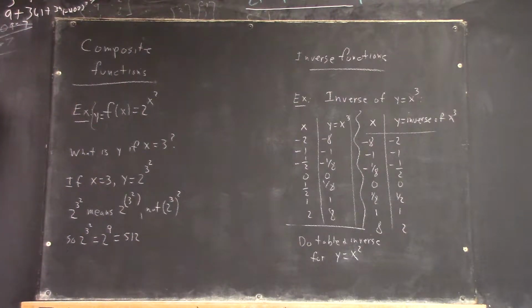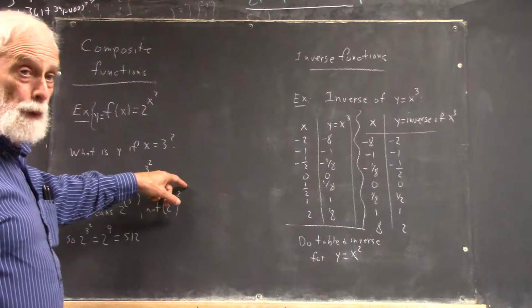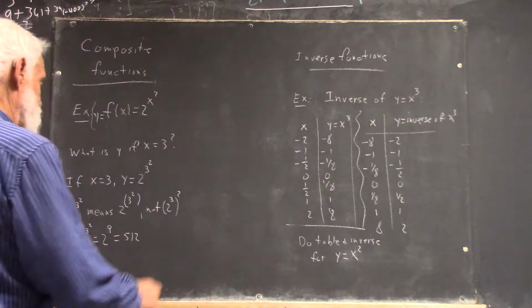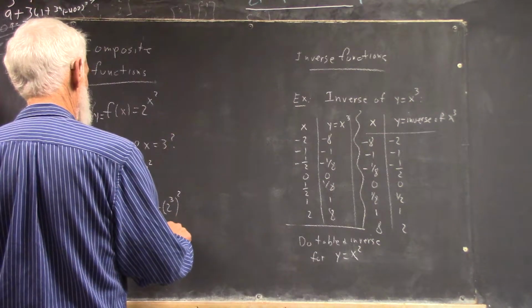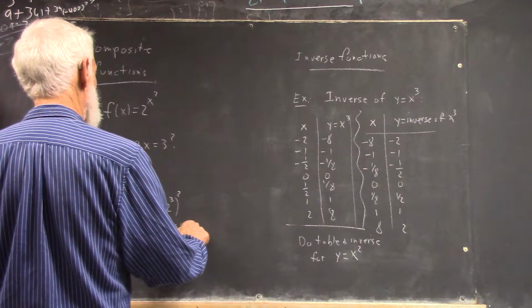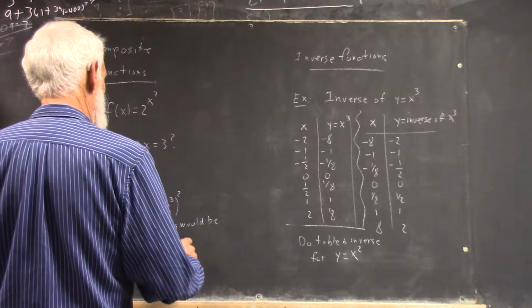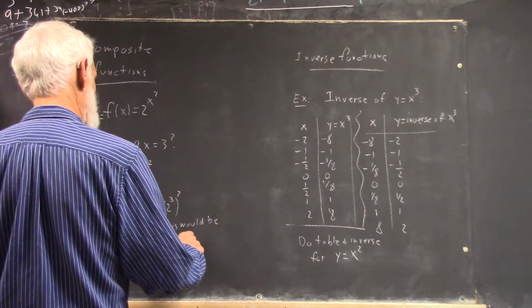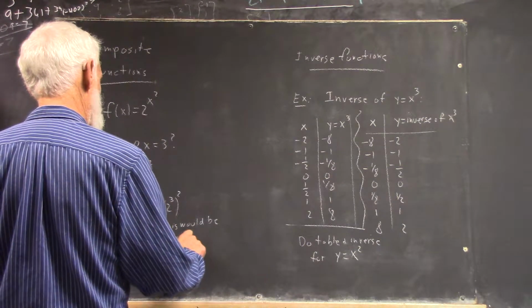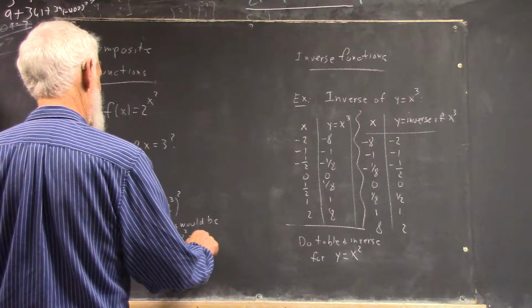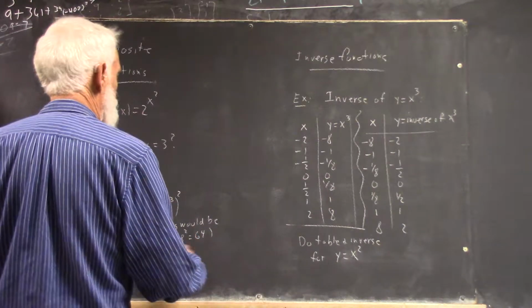Fairly easy to keep multiplying by 2, but it's easy to make a mistake, so if you got something else. Okay. Now, if you did 2 to the 3rd, squared, eight squared, that'd be 64.